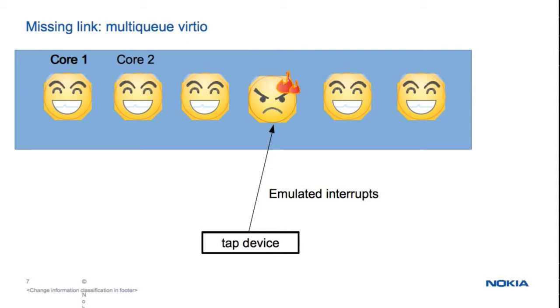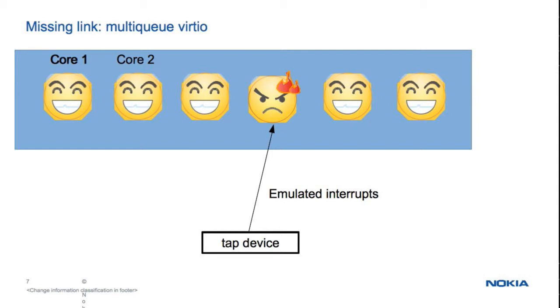The VirtIO interface currently doesn't support MultiQ, so it only has a single interrupt, and the single interrupt can only go to a single core, and that means that single core will be overloaded.